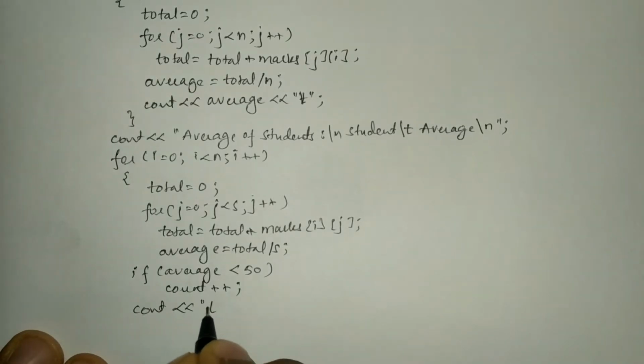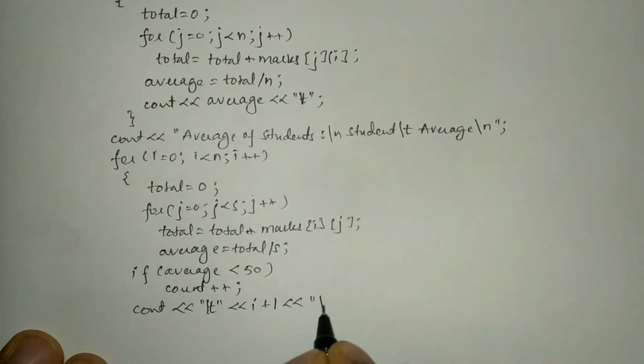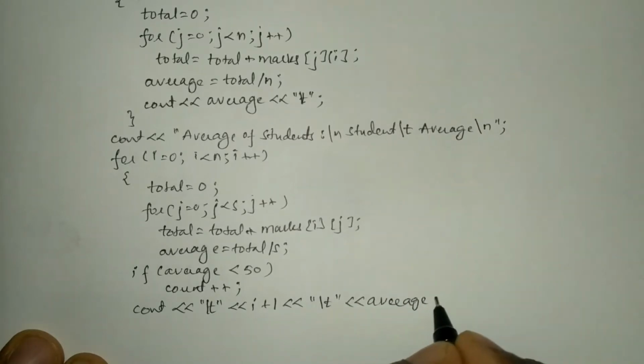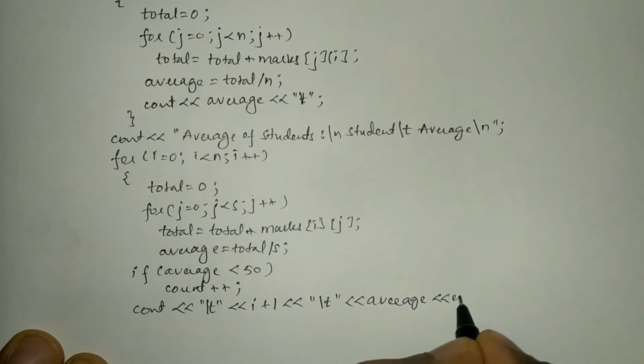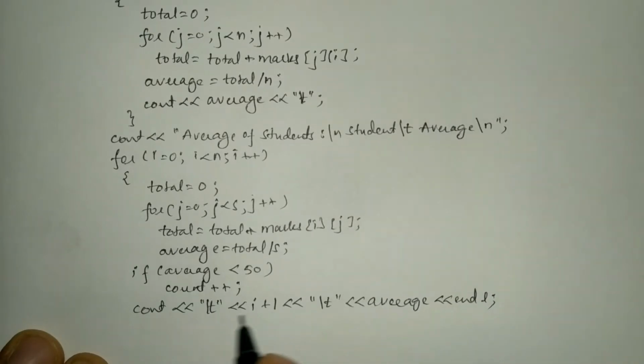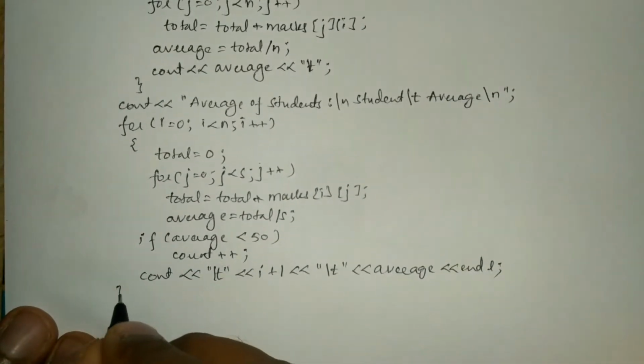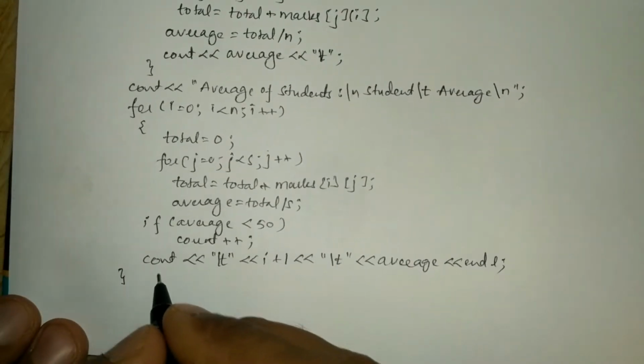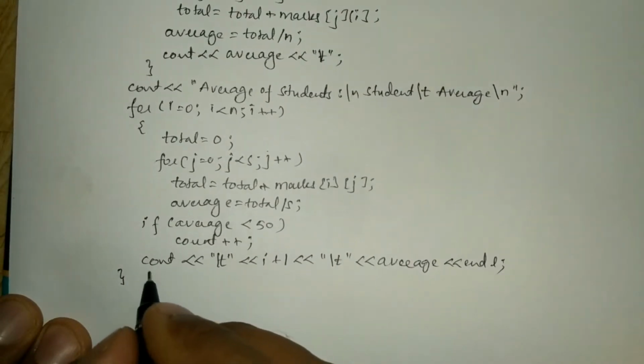In a double quotation mark I'm going to write backward slash t and stream insertion operator, i plus 1 stream insertion operator, and here we'll write in a double quotation mark backward slash t stream insertion operator, average, and then stream insertion operator endl, and here we'll put closing brace for this iterative statement.